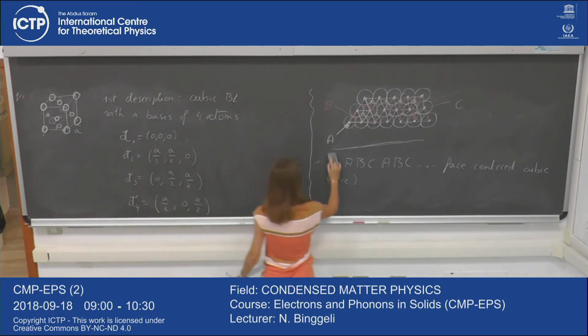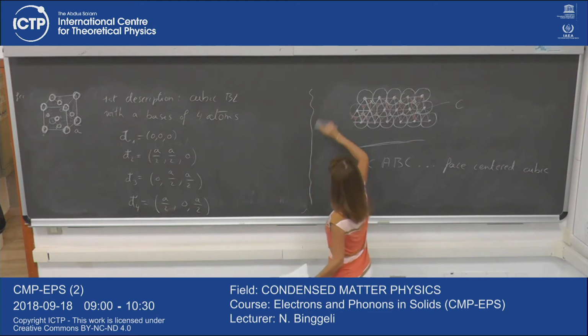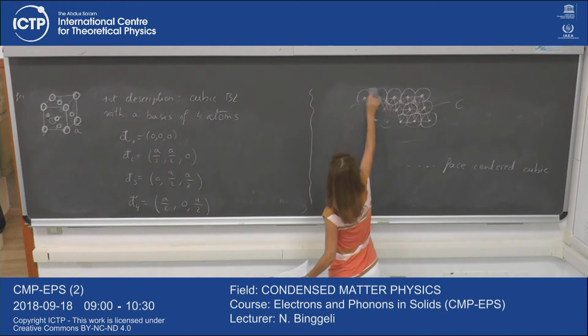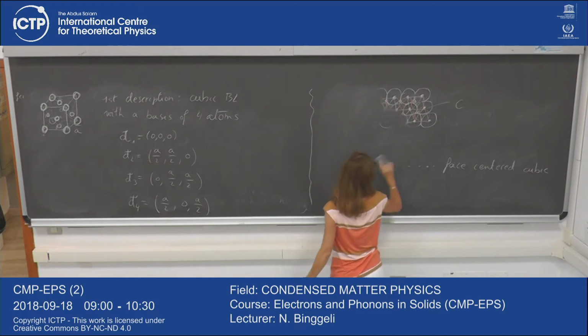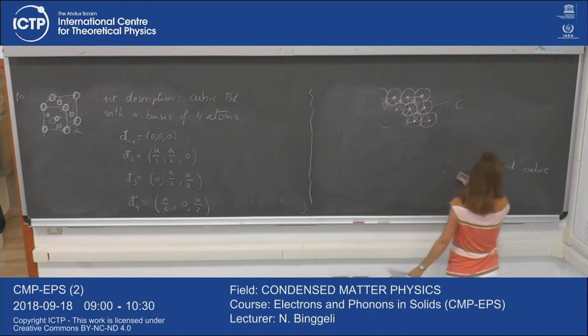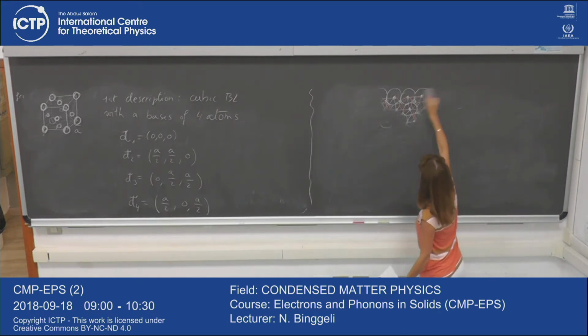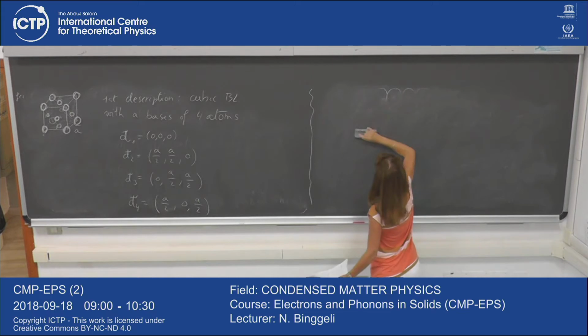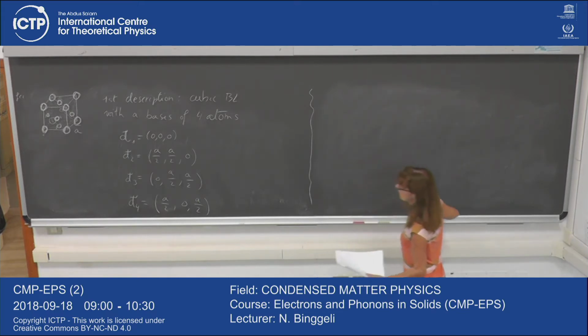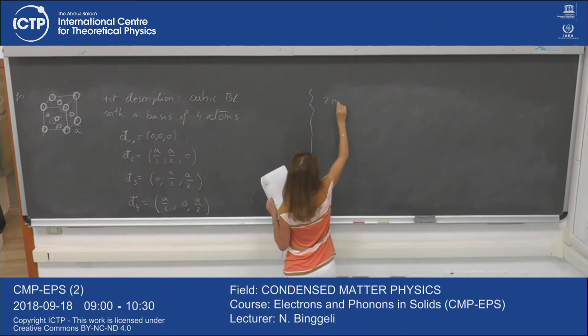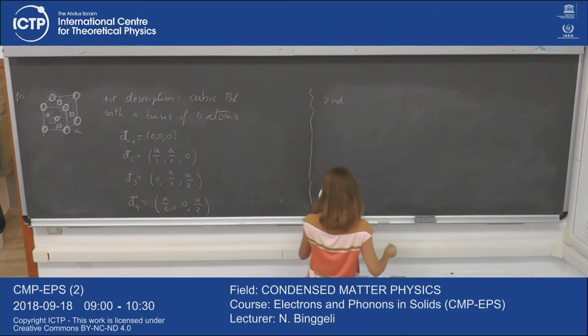And the second one is as a Bravais lattice. So with just 3 vectors that generate the full lattice of points of the FCC lattice. And so the second description shows that it's a Bravais lattice.